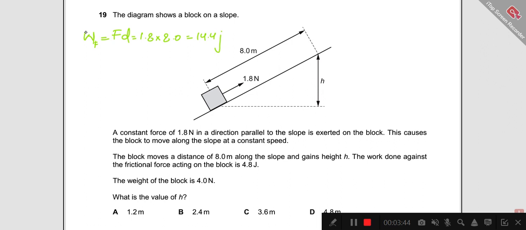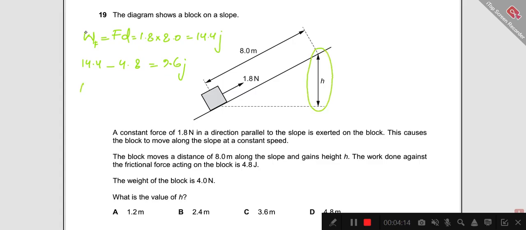Out of this 14.4, the 4.8 joules is utilized to overcome the frictional force. So 14.4 minus 4.8 was utilized to work against the frictional force, which means the remaining 9.6 joules is the work which was utilized in lifting this object through this height h.